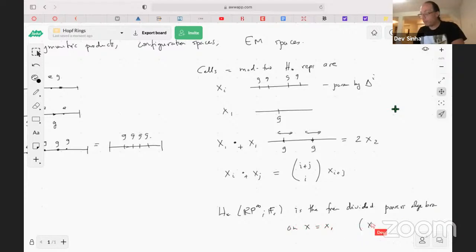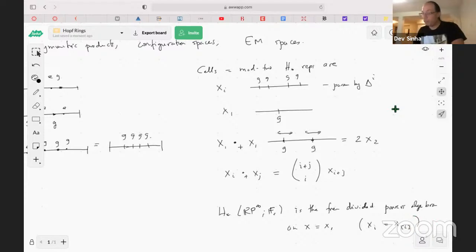So you might call Xi, think of it as X divided power, and I'm going to start being in the habit of having my divided power as subscripts. It's just more convenient in the Hopf ring setting.